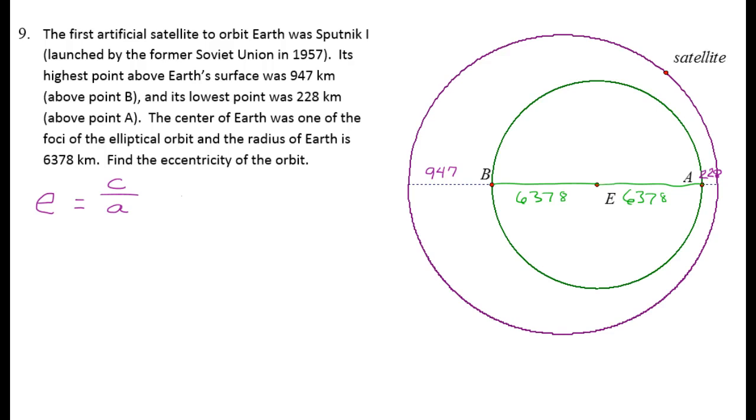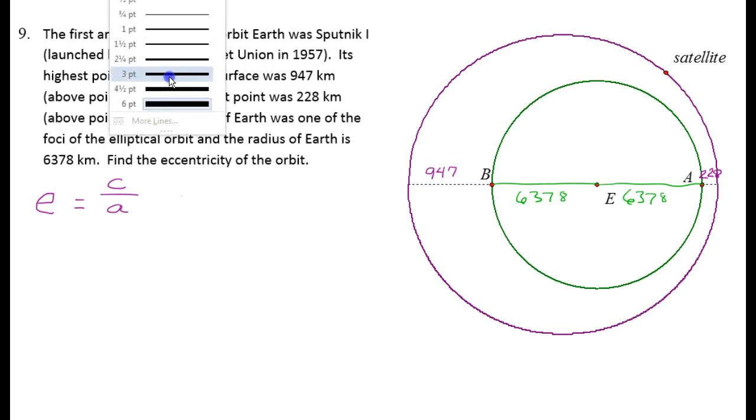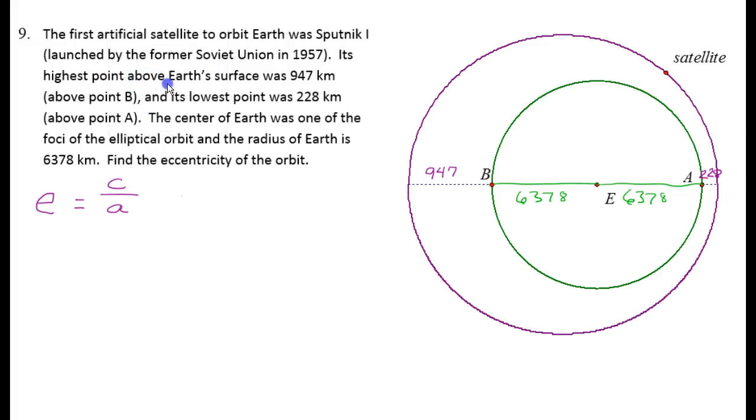I feel like a highlighter would be appropriate if I can get the right width to use. Let me try this guy. This that I'm highlighting right now is the major axis of this ellipse. Notice I have every segment along the way from one end to the other.